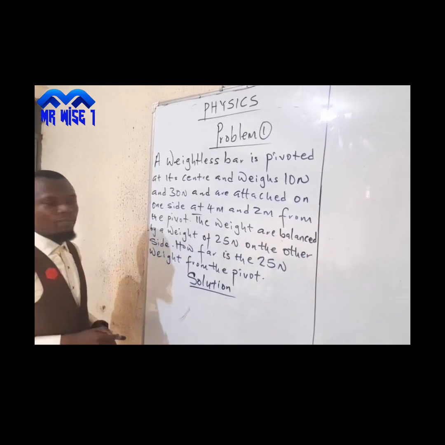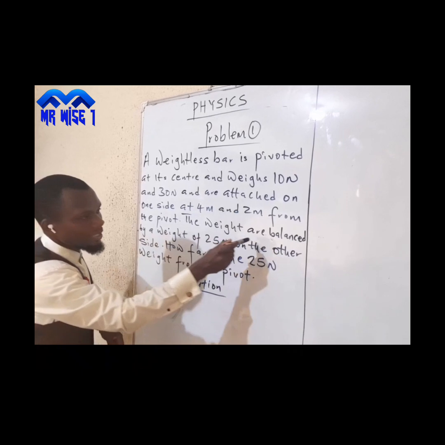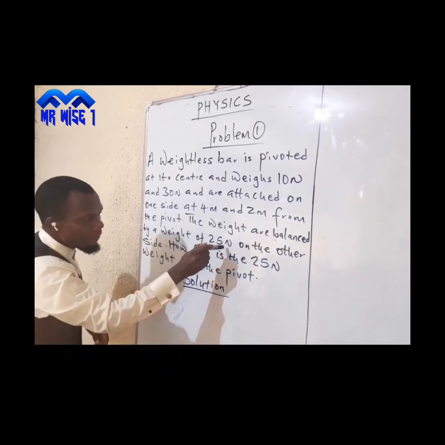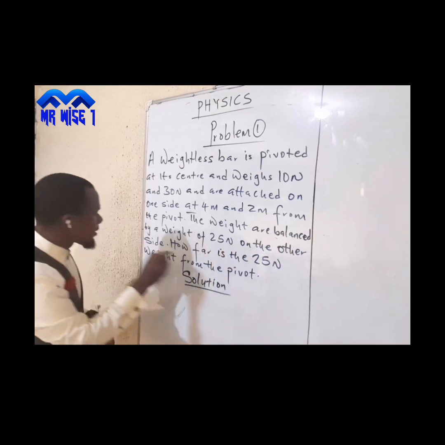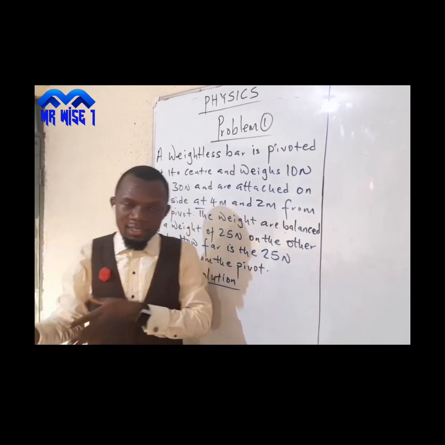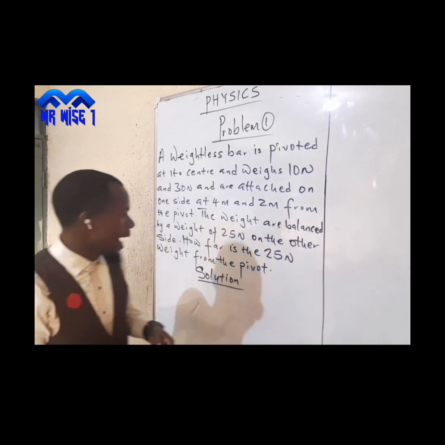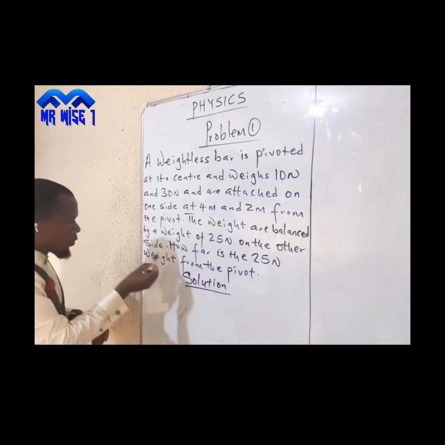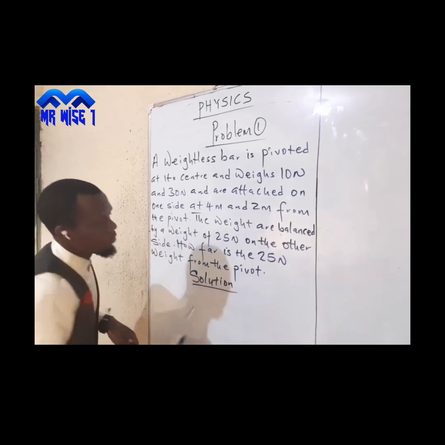That word pivot simply means fulcrum. The weights are balanced by a weight of 25 Newton on the other side. That means this 25 Newton is the one that balances the weights on the other side.